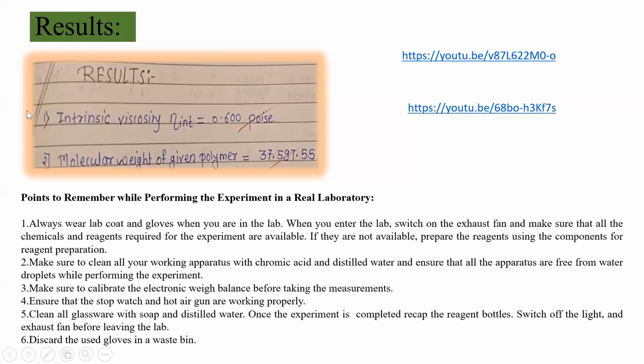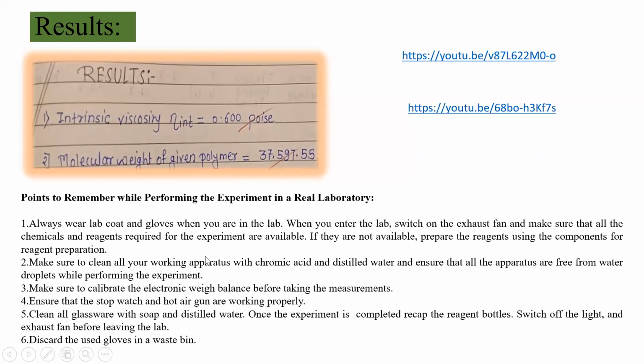In the results we are given the intrinsic viscosity and the molecular weight of a given polymer. The intrinsic viscosity is taken from the graph, and the molecular weight is given by the same formula.